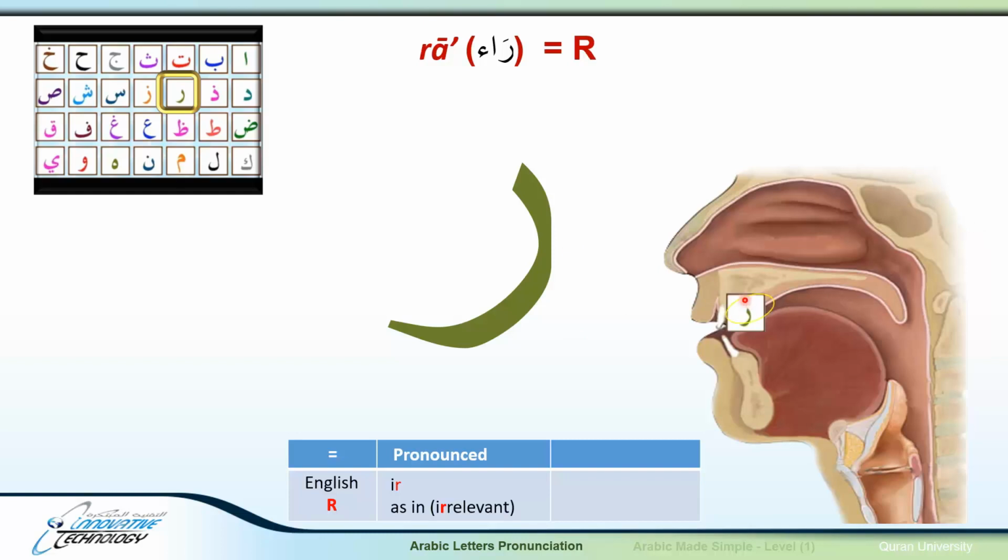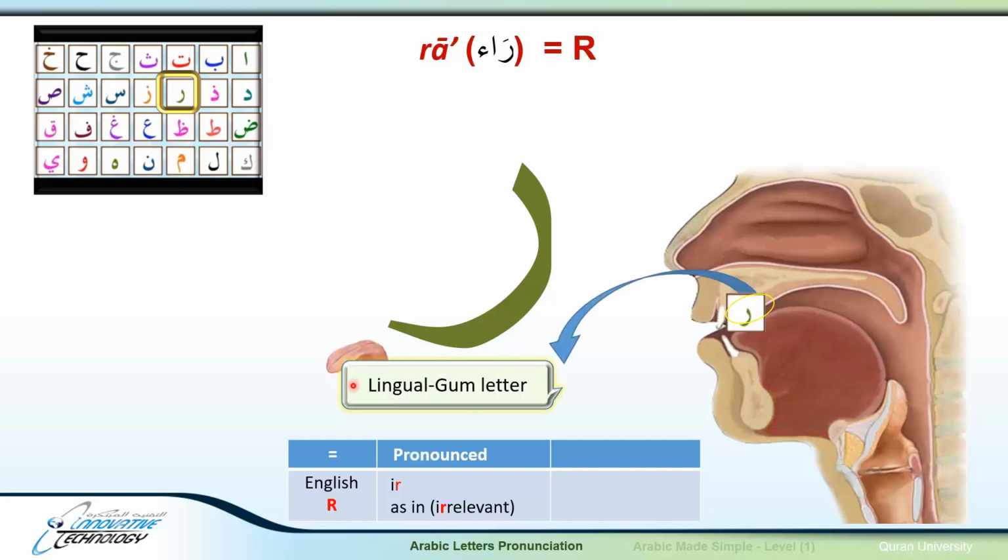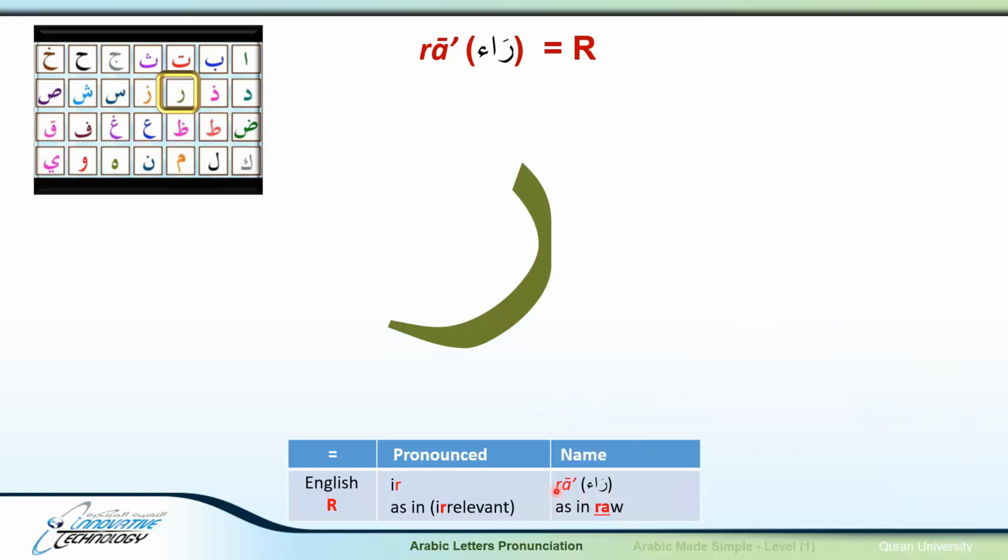It articulates between the tip of the tongue and the gum. So, based on articulation, we classify it as a lingual gum letter. And the name we give for this letter is ra. So, ra is pronounced and named ra.